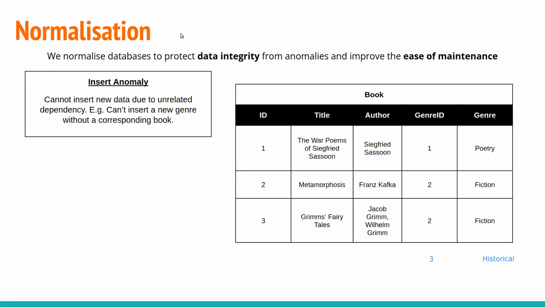Now, guys, what problem do you notice here? If I wanted to add just this extra little piece of information at the bottom here, another genre, what problem do I have with how this database is designed? Yeah, exactly.